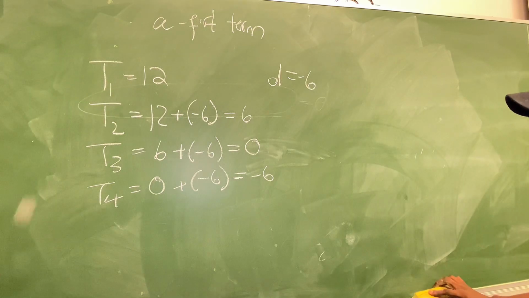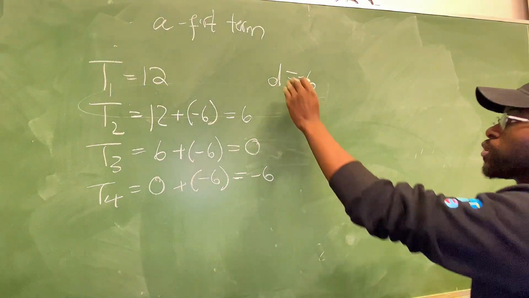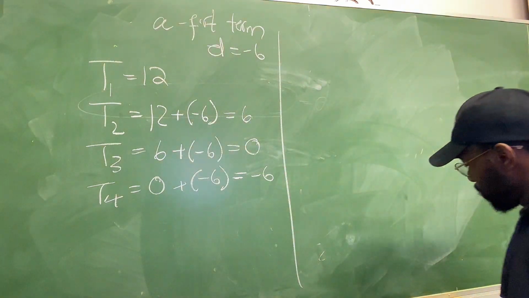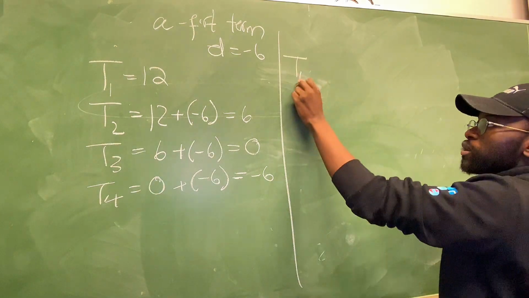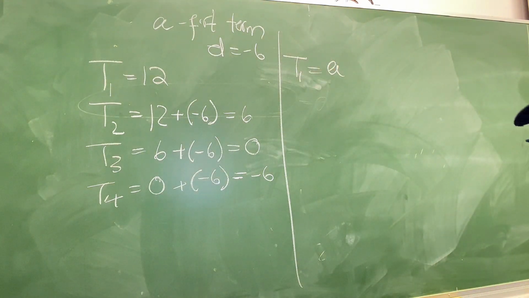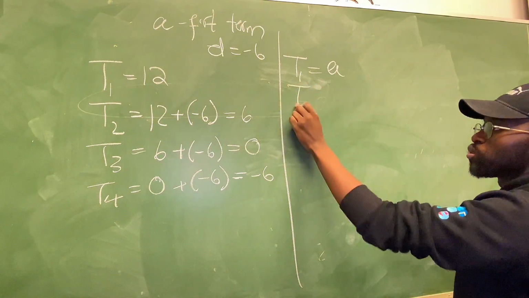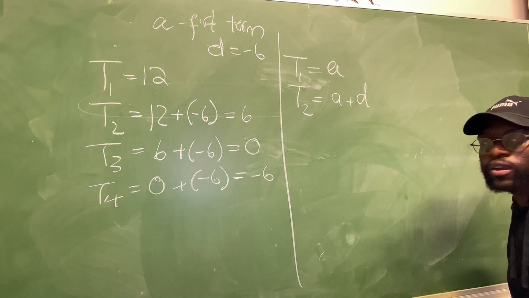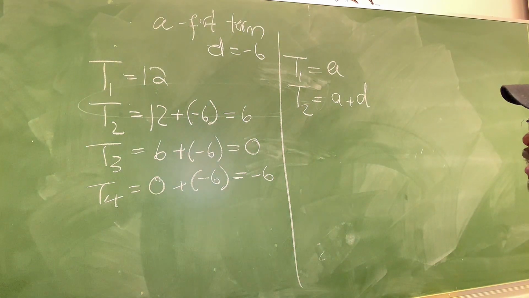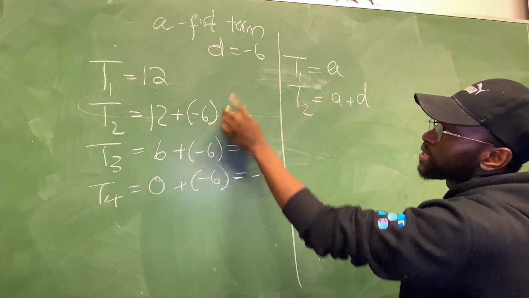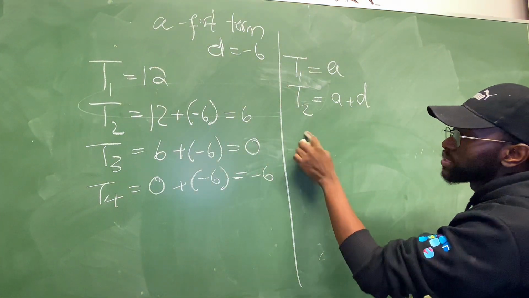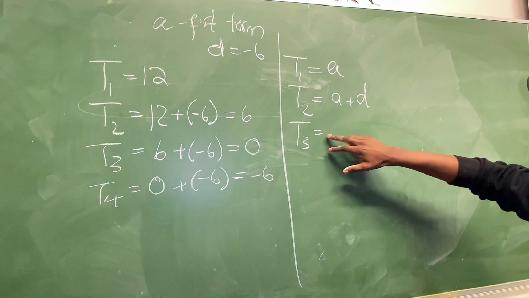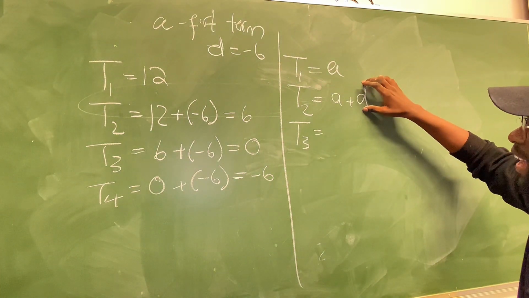Now, let's do this using notation. T1 is equal to A. Now, to find T2, we take A and add our common difference, the same thing that we did here by taking that common difference to get the following value. To get T3, we will take our previous value, which is T2, and add the common difference.